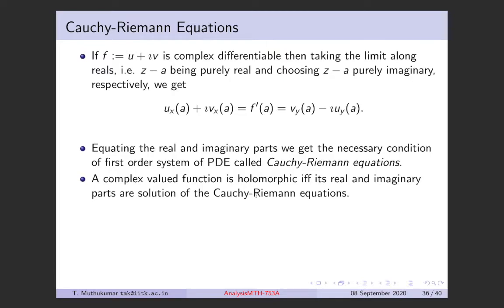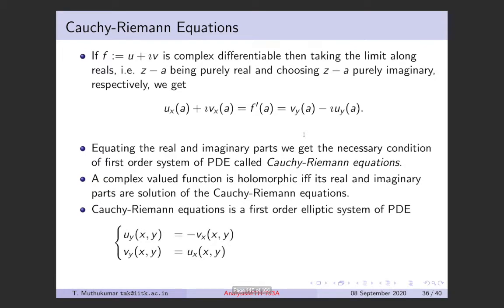We don't need that assumption for holomorphic, but for complex differentiability you need the continuity of partial derivatives. Anyway, for a holomorphic function the real and imaginary parts satisfy the Cauchy-Riemann equations. These are the Cauchy-Riemann equations that I mentioned. So ux is vy, which is the second equation here, and vx is minus uy, which is the first equation here. So this is a system.